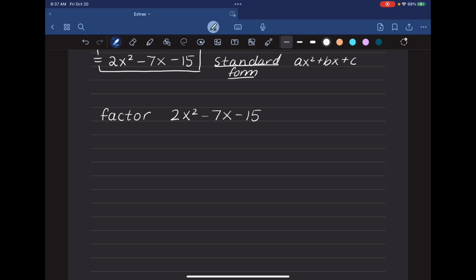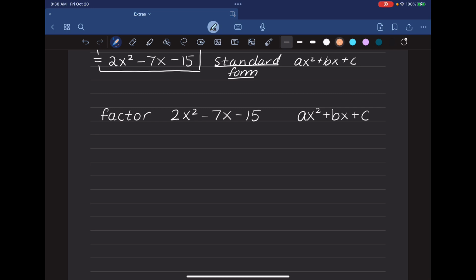Now, when I'm talking about the AC method, I'm going to be referring to A, B, and C. And so I'm referring to the form of the polynomial where A is the coefficient of the x squared term, B is the coefficient of the x term, and C is the constant at the end, right? So 2 would be my A, negative 7 is my B, and negative 15 is my C.